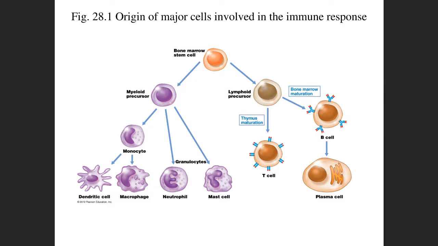What do you draw? Well, you need to understand the cell types. You start with bone marrow, then it goes to myeloid precursor, and this goes into the blood. And then you have monocytes. The monocytes can differentiate into macrophages.